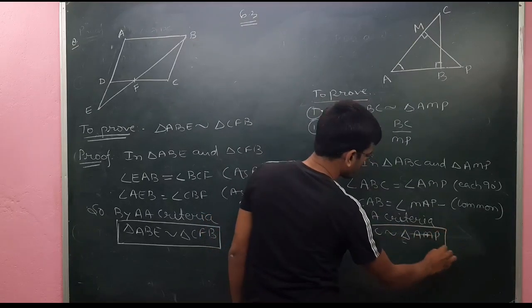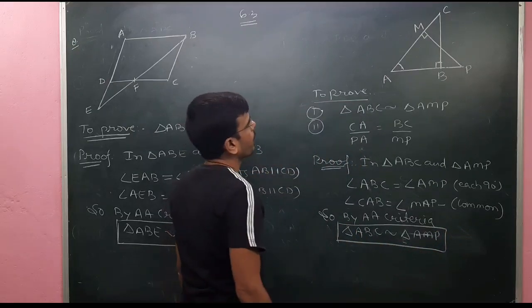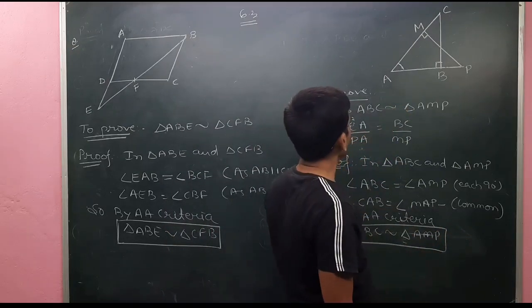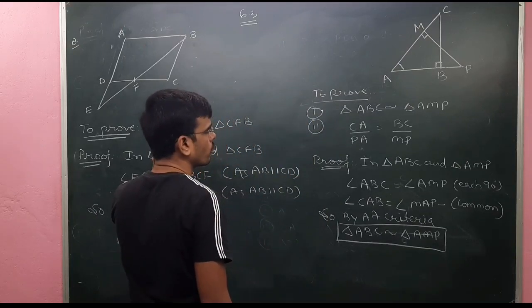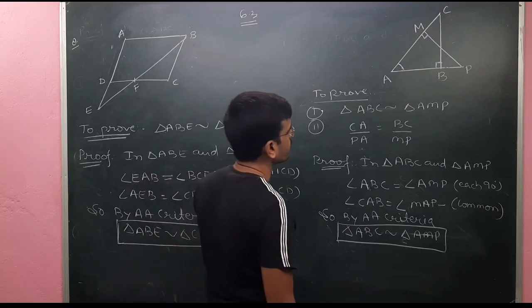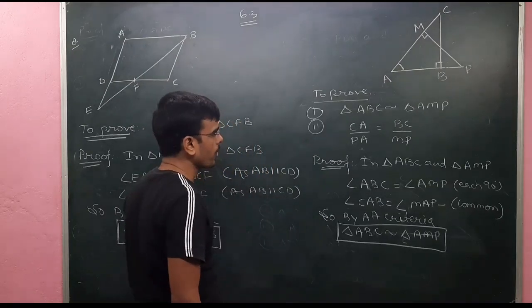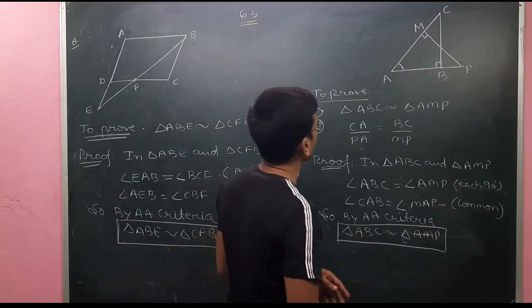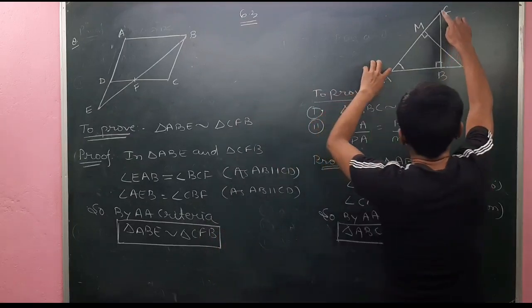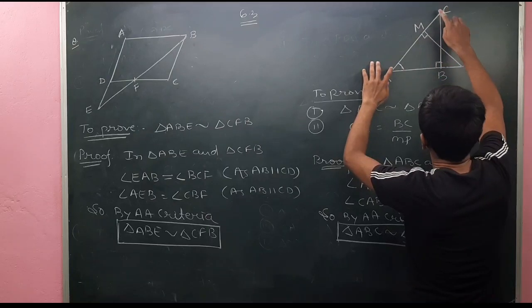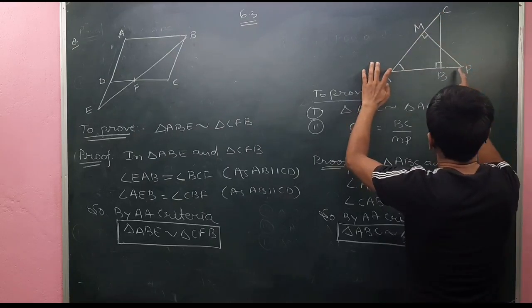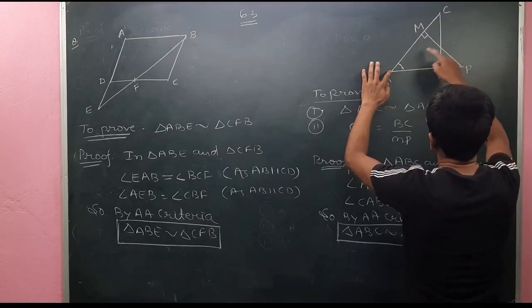This is number first. If triangle ABC is similar to triangle AMP, you can find the proportionality of the sides, that is CA upon PA. AC is a side of ABC and AP is a side of triangle AMP.